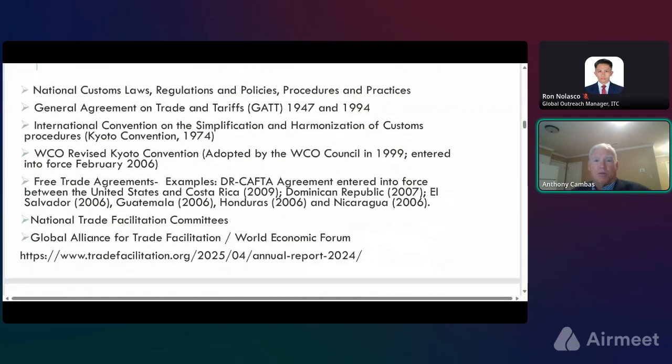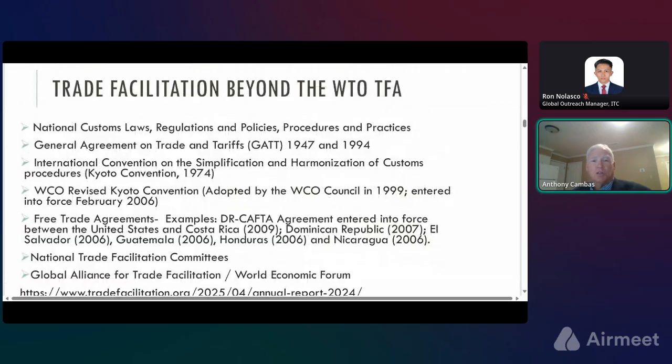So the issue of trade facilitation goes beyond those definitions. Specifically, I'm going to focus some on the World Trade Organization Trade Facilitation Agreement, which was an agreement that brought all the WTO members formally into the realm of needing to apply trade facilitation measures.